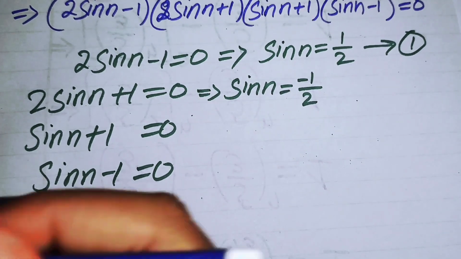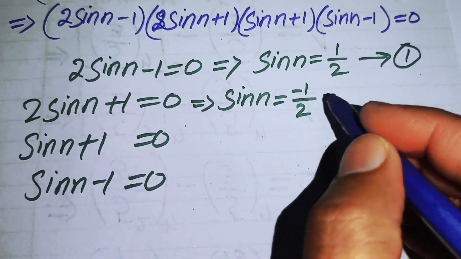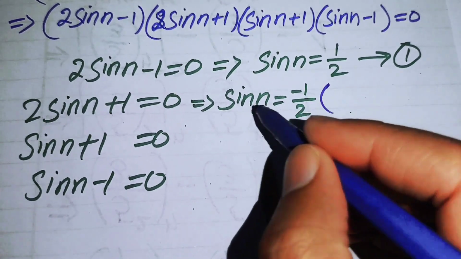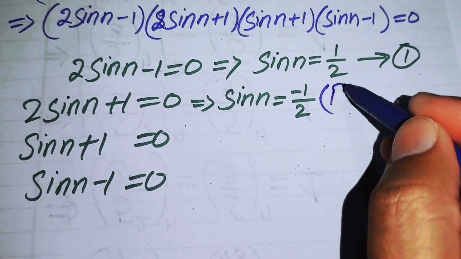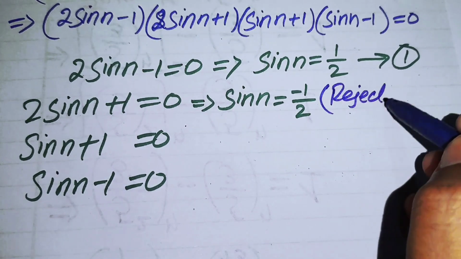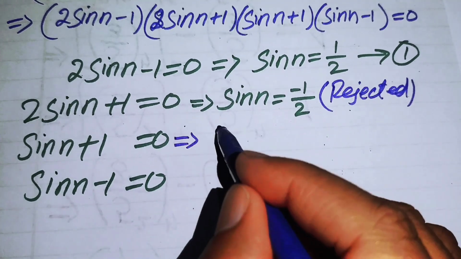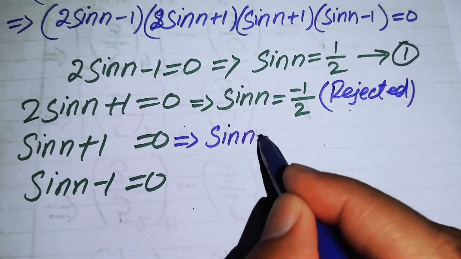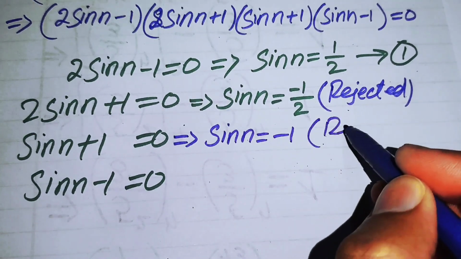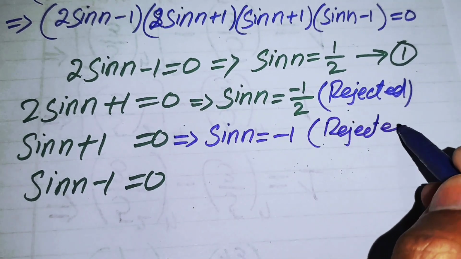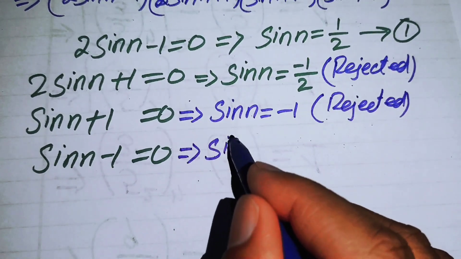Here you see that sine n is the side of the given triangle, and it cannot be negative because it is the side of the triangle, so we will reject this case. Applying the next factor, you again get sine of n equals minus 1, so again it is negative, and we will reject this case.